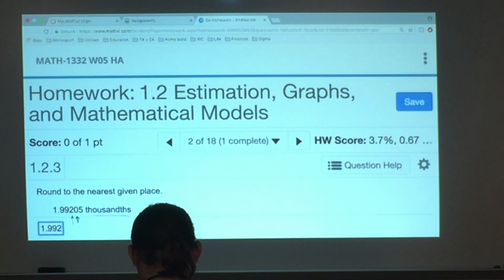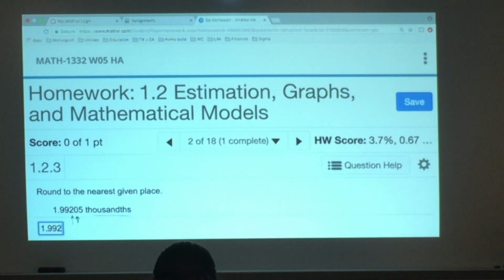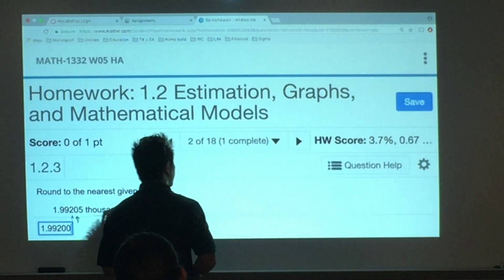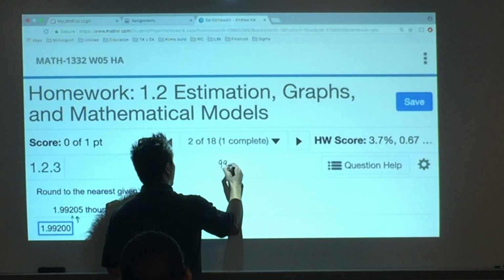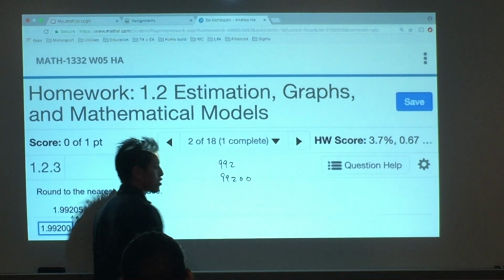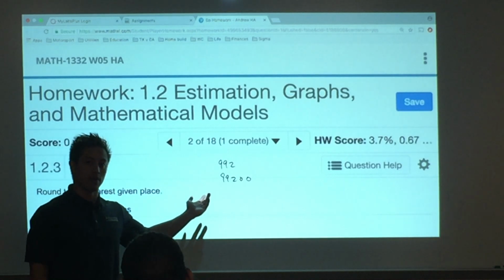Now, you have a couple options. With decimals, you can either drop the remaining zeros altogether, not even include them, because with decimals, whether I type 1.992 or 1.99200, it's the same thing. However, if I was dealing with whole numbers and I had 992 versus 99,200, are those the same?